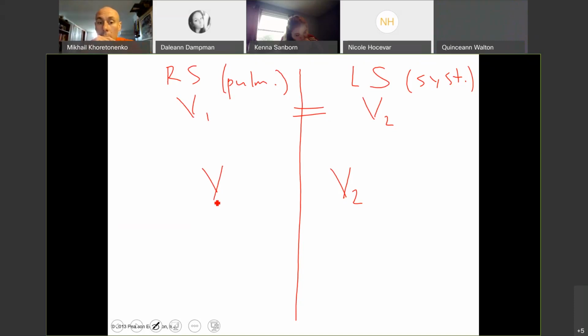It goes up. Yes, it goes up. And how do they relate to each other now? The right side is greater. Does that make sense to you?